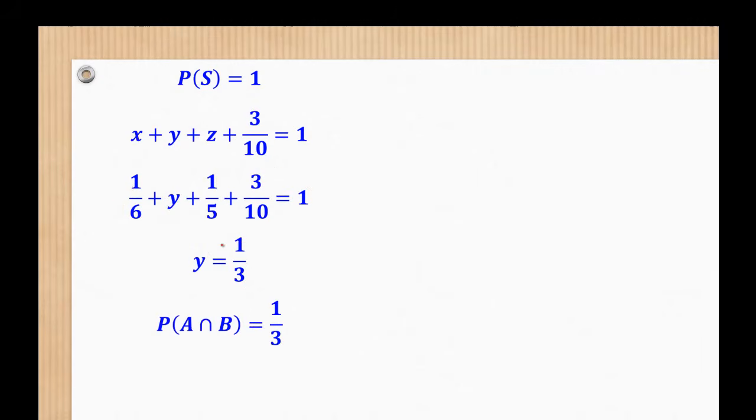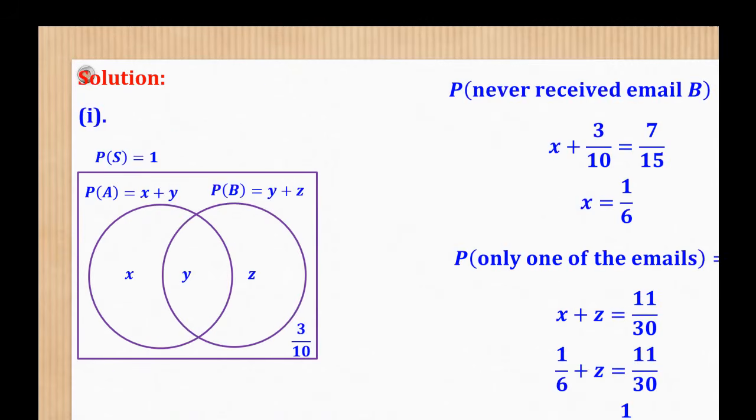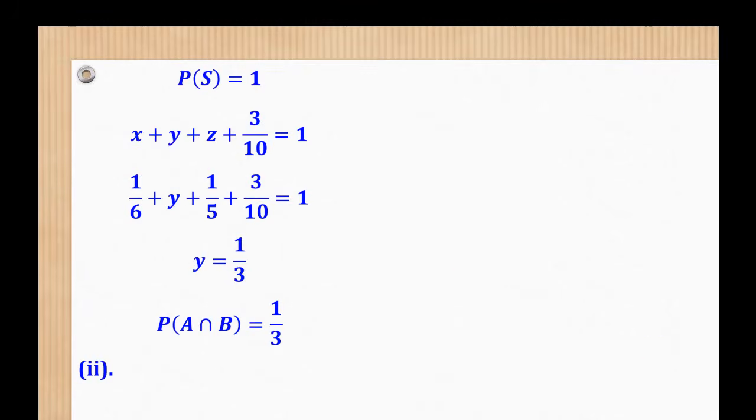That means that the probability of A intersection B is 1 over 3. And that was Roman 1. Then Roman 2, they wanted probability of A. So when you go back to our Venn diagram, probability of A is X plus Y. So now I know X and I know Y. So I'll just come and substitute for X and Y to get the value they want.